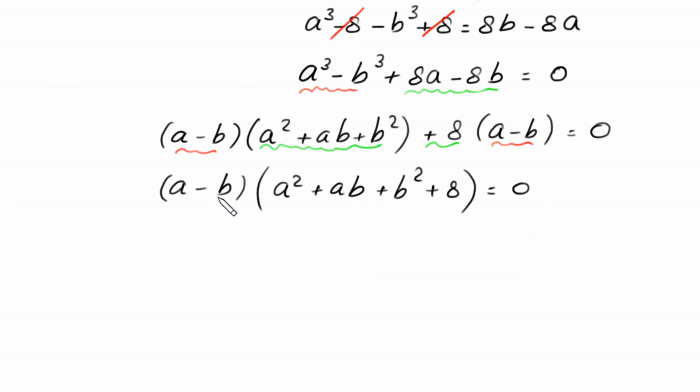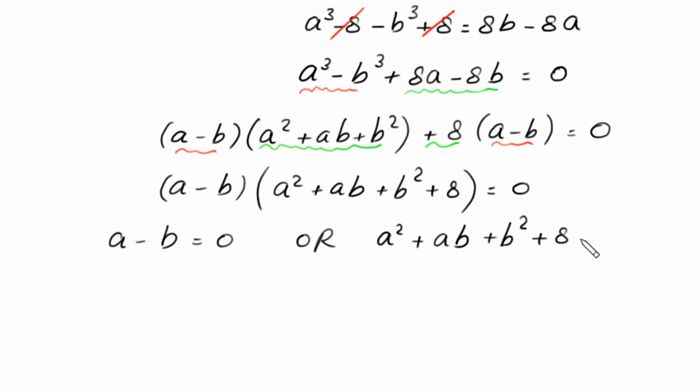Now from here, either this expression a minus b is equal to 0, or this expression a squared plus ab plus b squared plus 8 is equal to 0. From this equation we get the value of a is equal to b. From this equation we move this 8 to the right hand side, then this will become a squared plus ab plus b squared is equal to negative 8.